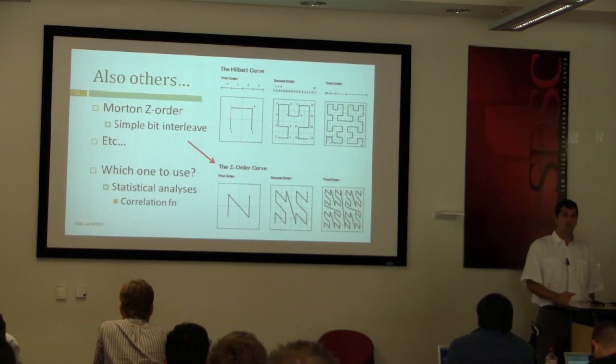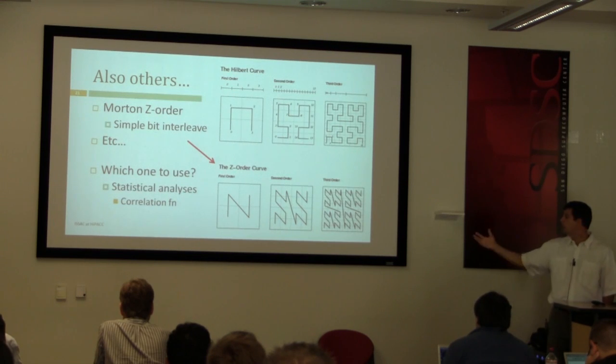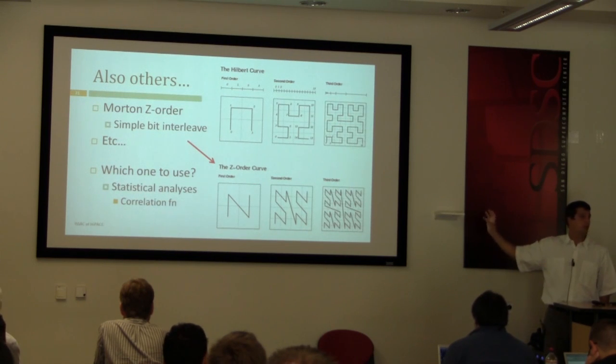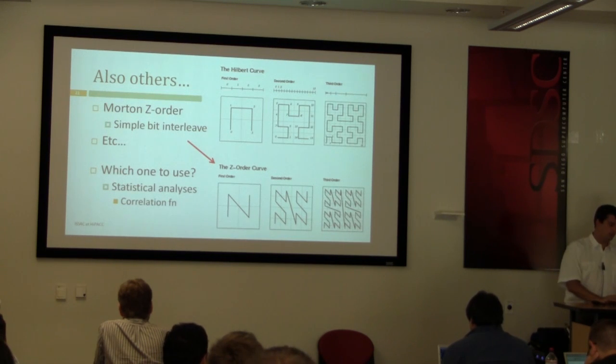There are actually very detailed studies that look at the properties of these curves and try to establish which one is better and worse for different kinds of studies. Namely, you have to look at the correlation functions. What we will have to look at is essentially how these curves interact with our query shapes. So that's where this becomes important.